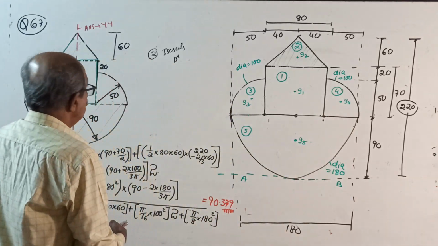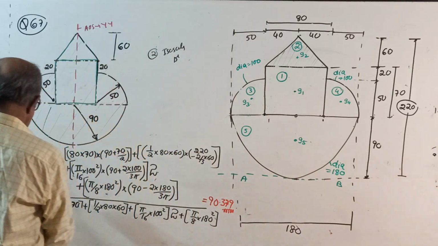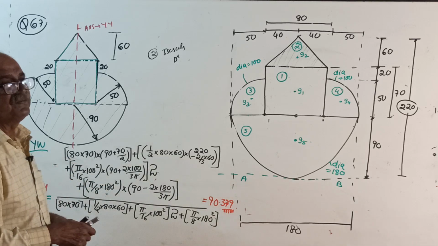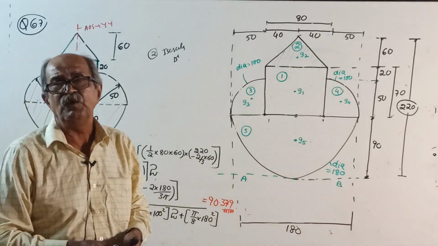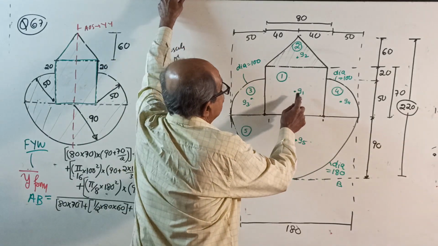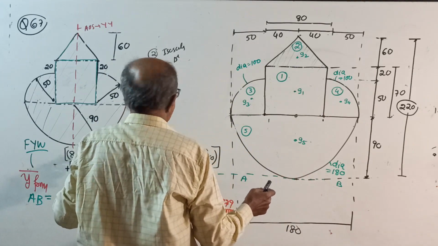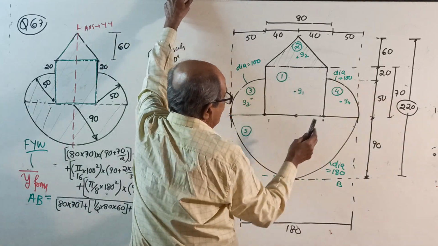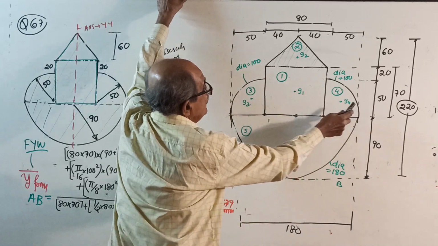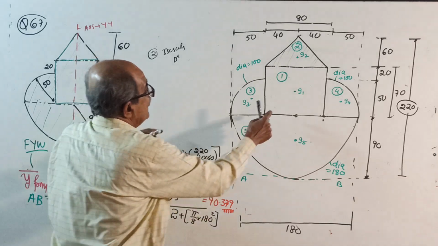Okay, now you need y bar from AB. Start. Y bar from AB, formula you write. A1 Y1 plus A2 Y2 plus A3 Y3 plus A4 Y4 plus A5 Y5 divided by total area. Start. A1, 80 into 70. 80 into 70 is A1, rectangle, into 90 plus half of 70. See, rectangle is 70. 90 plus half of 70. Over, rectangle over.